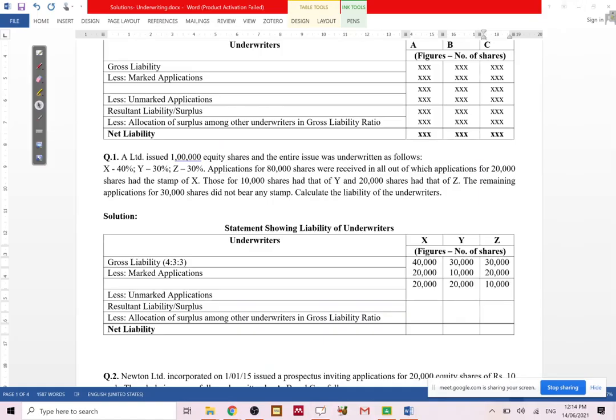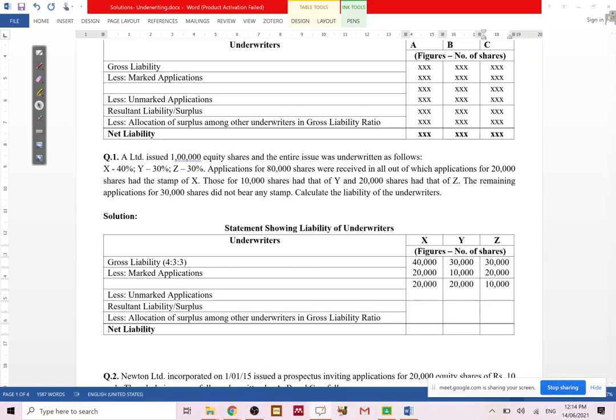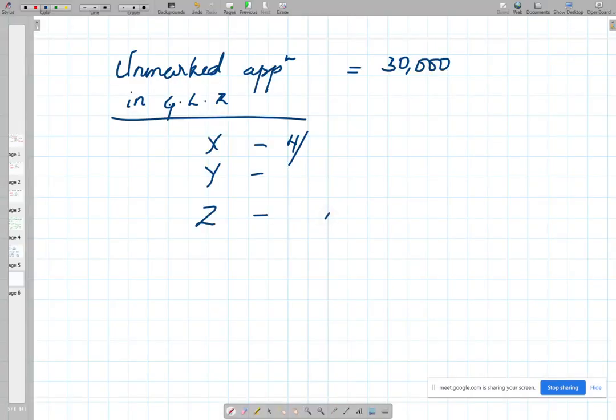X is, check the ratio, 4:3:3. In other words, either you can do it this way, 4 by 10, 3 by 10 and 3 by 10. That is how we calculate ratios, right?